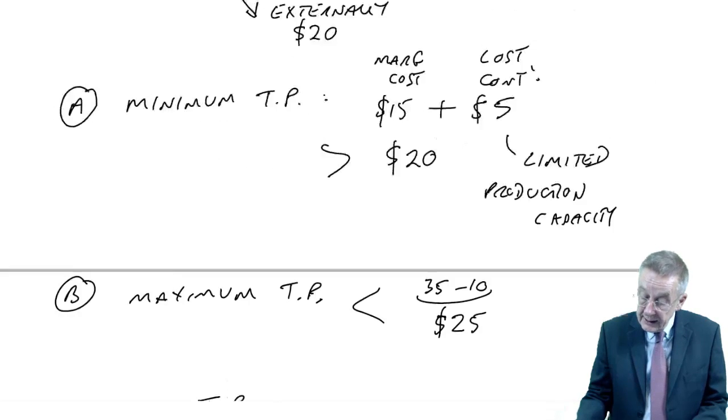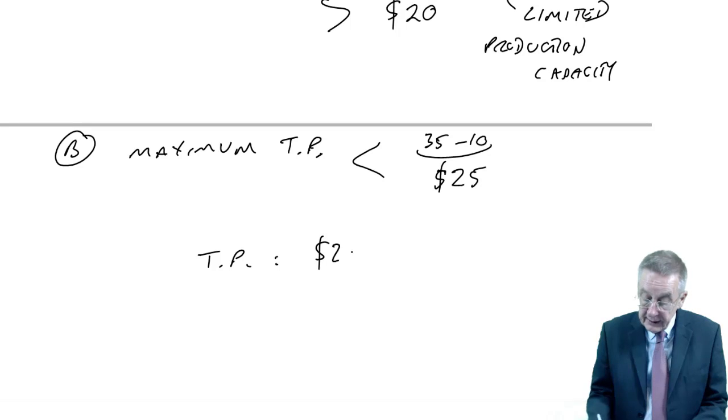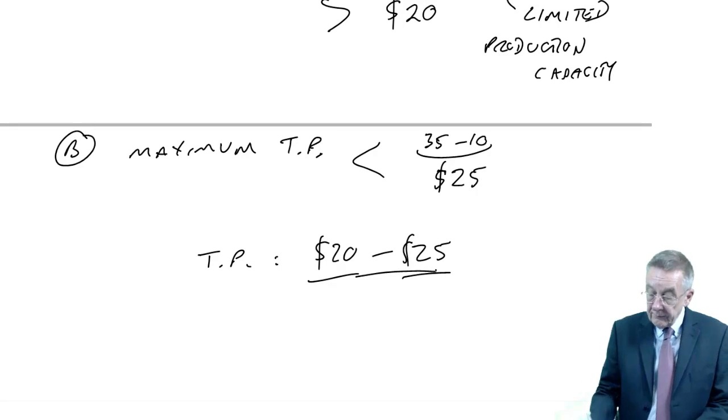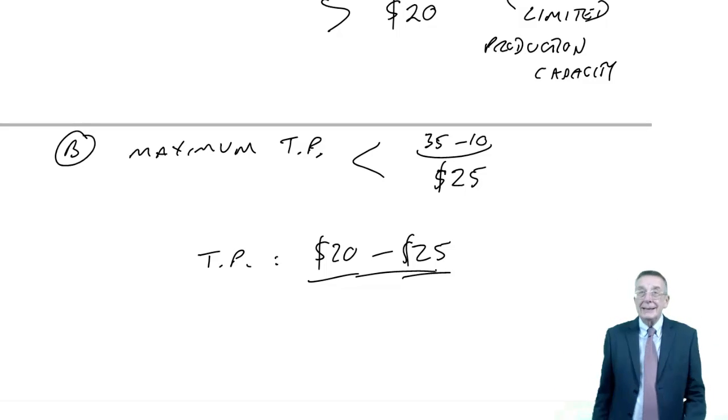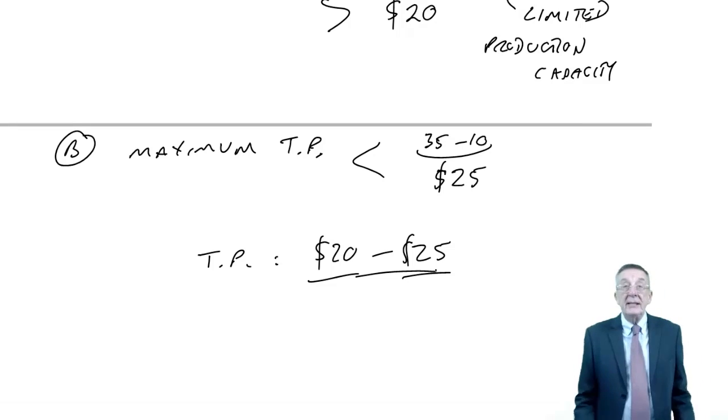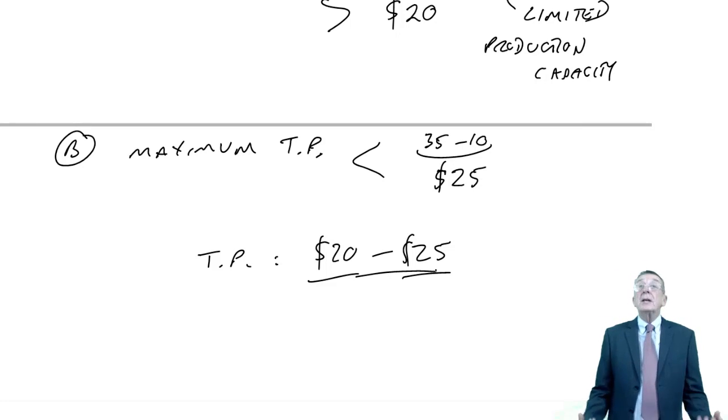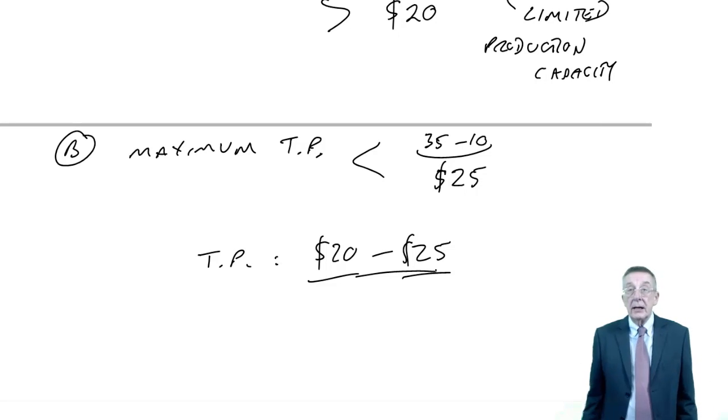What was it? 20? Yeah, 20 to 25. If it is, A is motivated to produce and sell to B. B is motivated to buy from A because they'll both be reporting a profit.